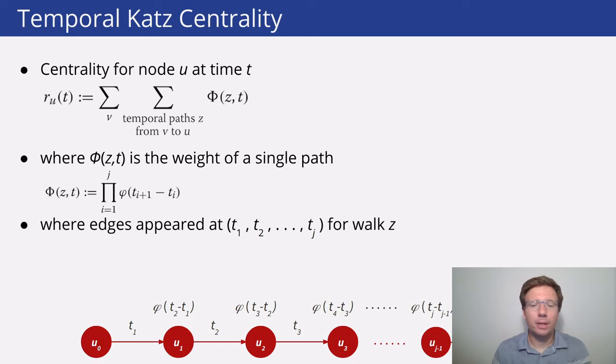For example, in the below example, there are edges appearing at T1, T2, and T3, and then weights are defined between T2 and T1, and then there's another weight defined based on T3 and T2, etc. And then we simply multiply these weights, which basically capture the time difference between the adjacent edges appearing in the graph, and then this multiplication will result in a final weight corresponding to a time-respecting path within the network.